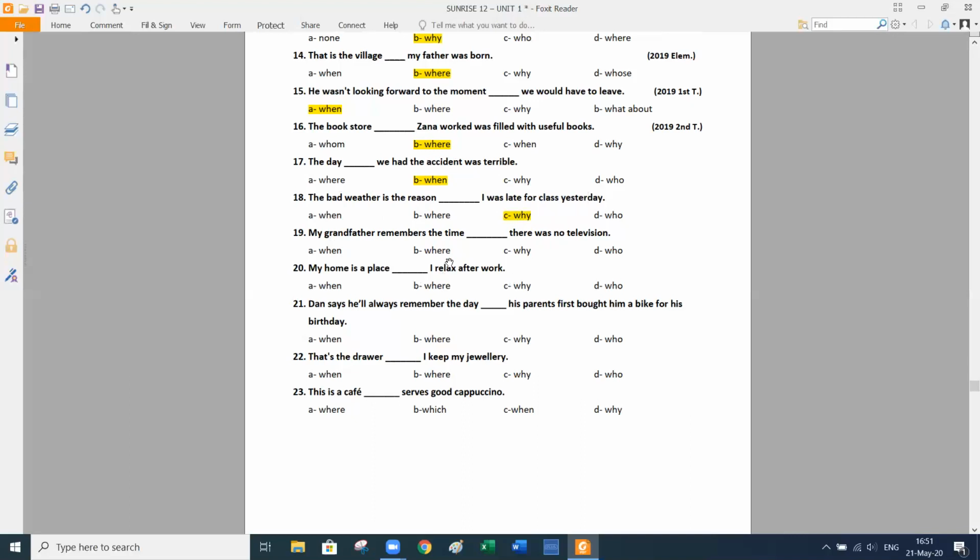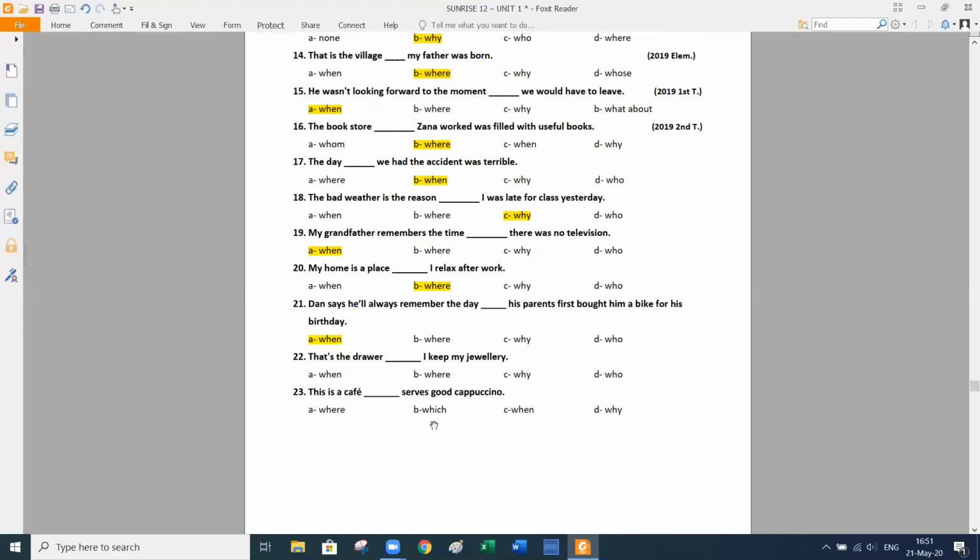My grandfather remembers the time when there was no television. It's time again. My home is a place where I relax after work. We refer to place again. Dan says he'll always remember the day when his parents first bought him a bike for his birthday. Time.